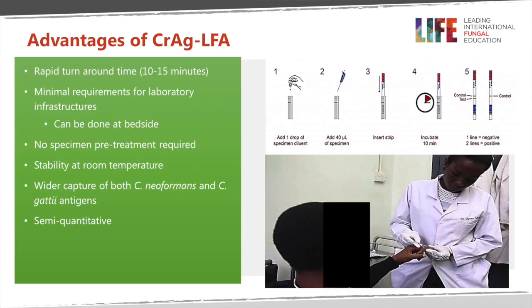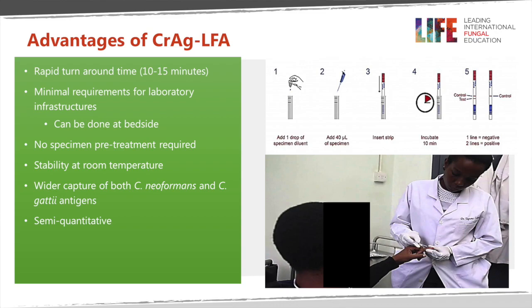So there are some very distinct advantages for using this lateral flow assay. The test only takes 10 to 15 minutes, ideal in many settings. The test can be carried out with minimal infrastructure. And I've seen this test being used in laboratories with no electricity, with very basic resources, and used very effectively. And it can be done at the bedside.